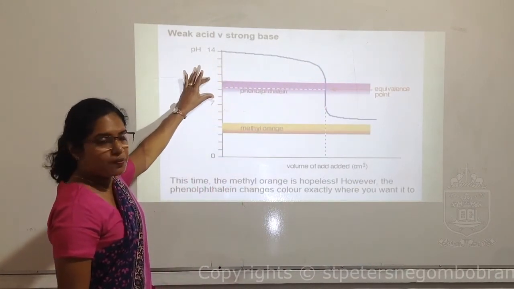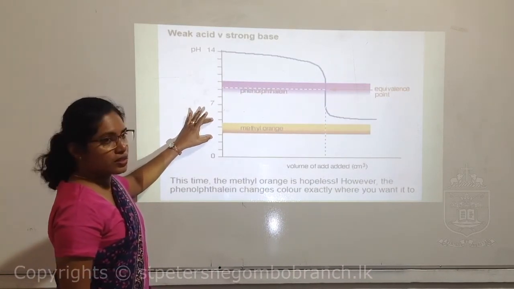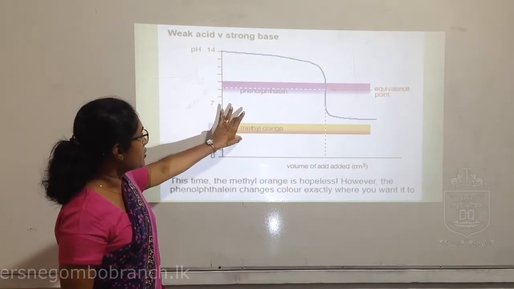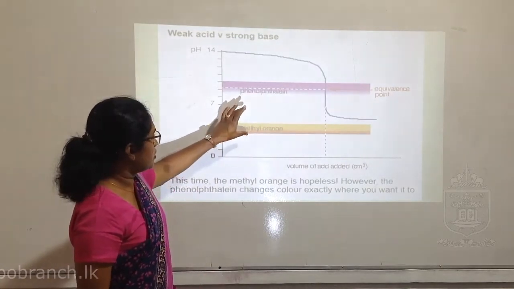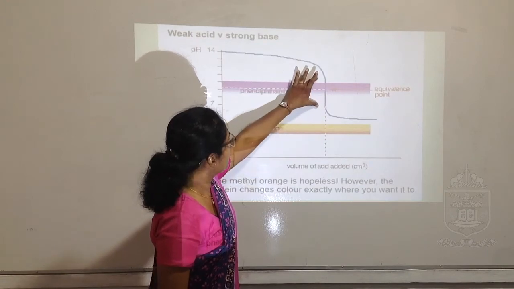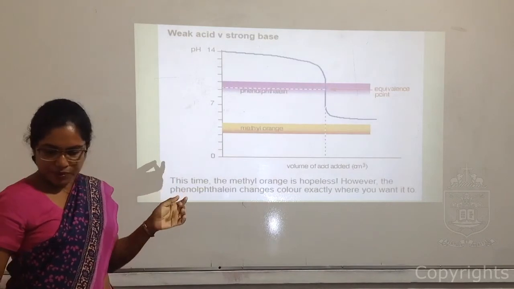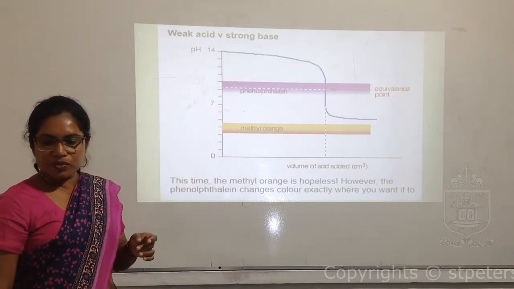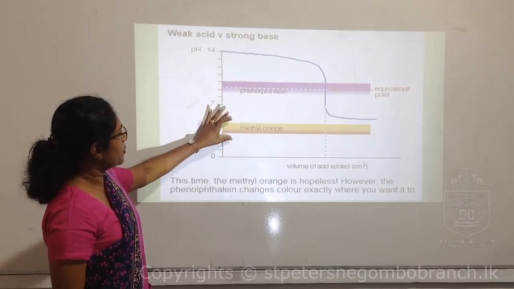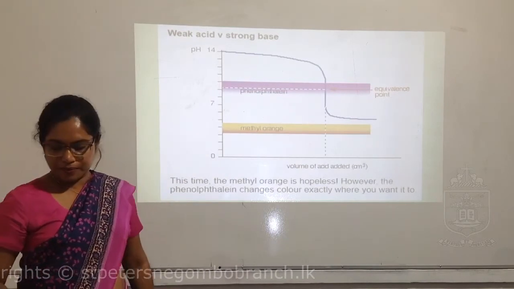So we can use this. And if we try to use methyl orange, this is useless because the pH change of methyl orange does not lie in the pH change of this titration. So now you can understand we can use only phenolphthalein for this titration.